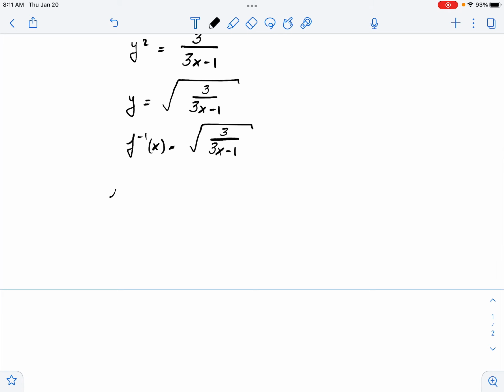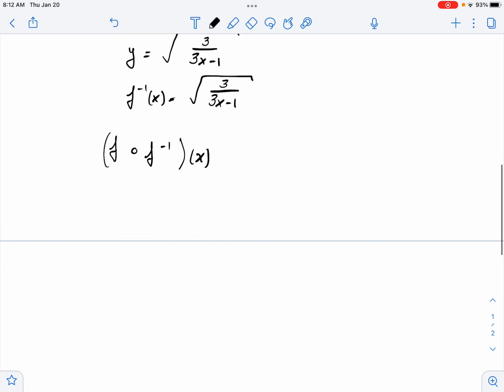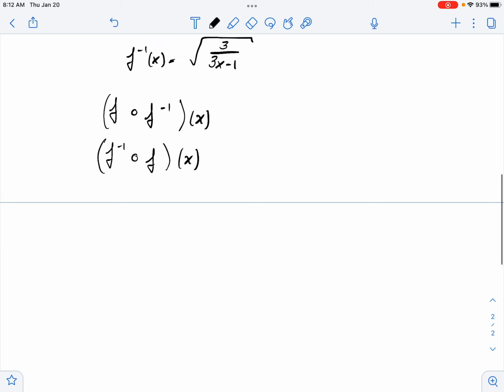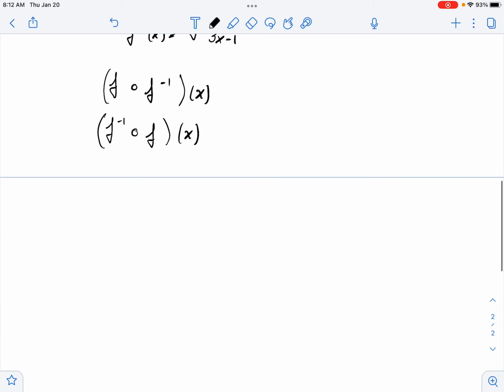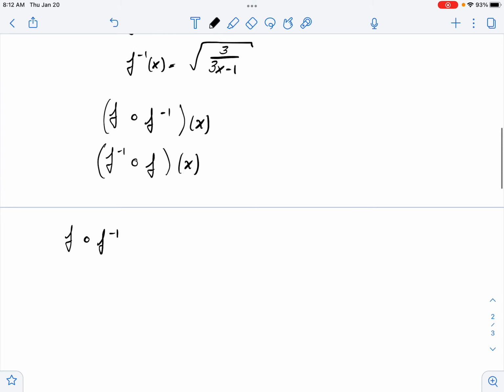So I'm going to find f of f inverse of x, and I'm going to find f inverse of f. And I should, in both cases, get x as my result. So let's start with f of f inverse. Of course, if I do that, it proves that I have found correctly the inverse function.